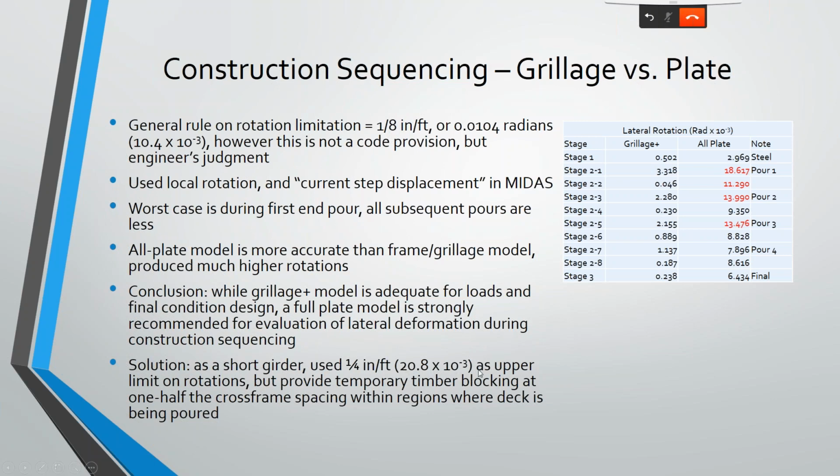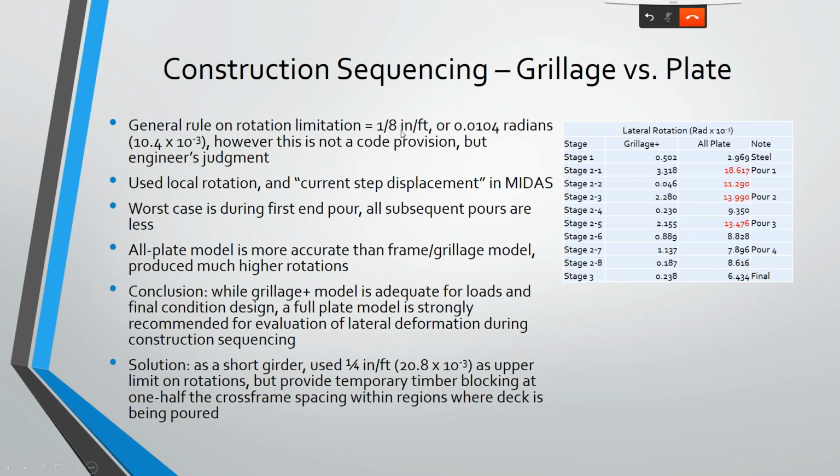And then we also went in and said, just as an end case on that, we'll also provide temporary timber blocking at 1/2 the cross frame spacing within the region where the deck is being poured. So wherever they're pouring it, where we're getting the larger rotations, we're going to have them put in extra timber blocking, and that's just to make sure that we're not going to see any major issues.